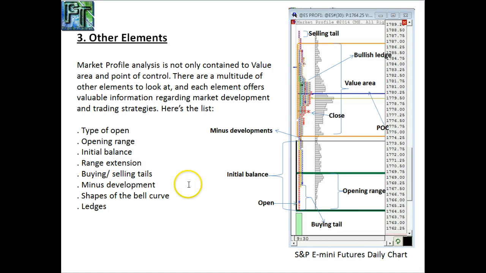Buying and selling tail. When you look at the very extreme high and very extreme low of the profile, if you see more than 2 single letters, if it's at the bottom of it, it's a buying tail. If it's at the top of it, it's a selling tail.